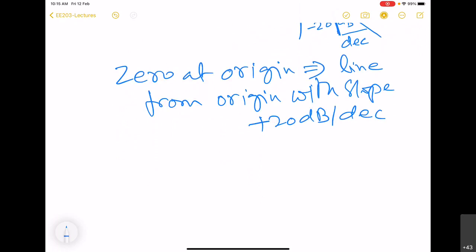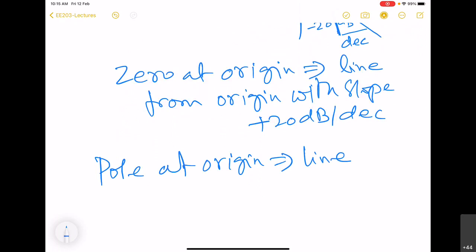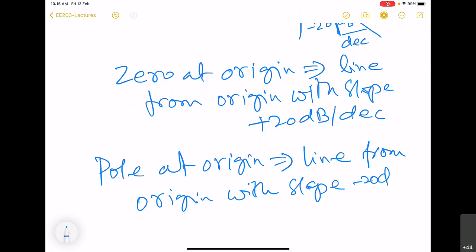However, when we have pole at origin, this implies line from origin with slope minus 20 dB per decade. Right. So this is a distinction.